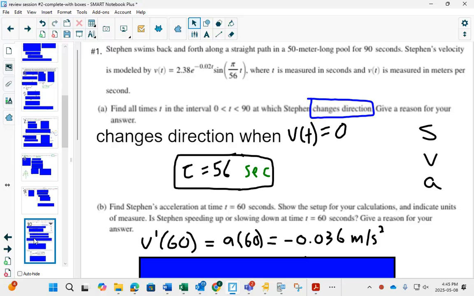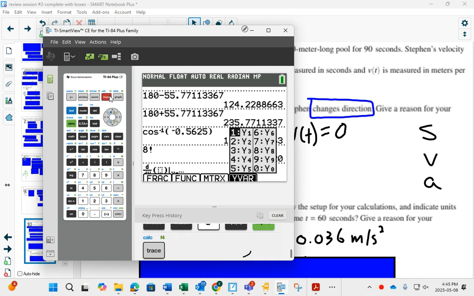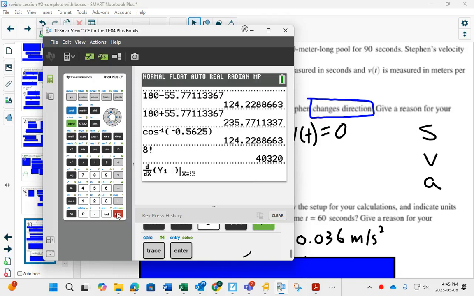If you spend too much time on the calculator question doing non-calculator stuff, that's wasting your time. So I'm not going to rewrite that whole equation either. I already spent that time doing that in y1, so I want to put y1 into that. You can find y1, I think it's alpha F4. Alpha menu is probably the quickest way to find that y1, and we're finding when x is 60.